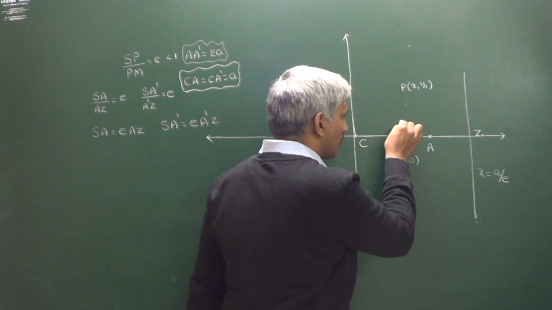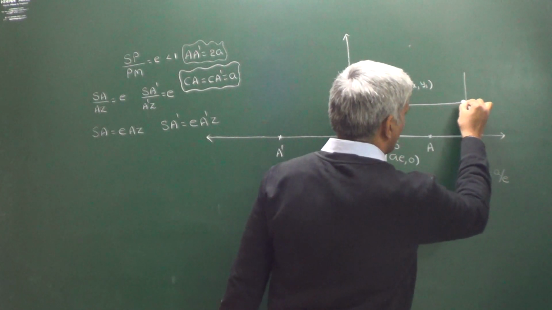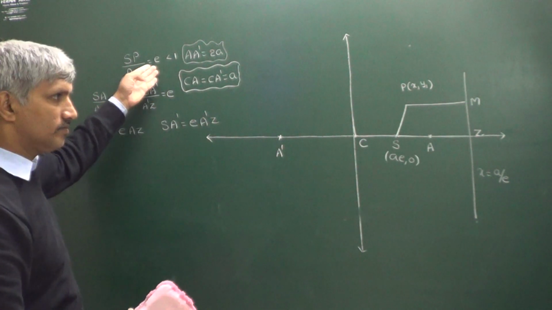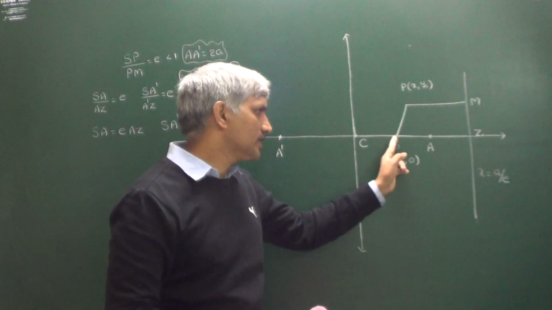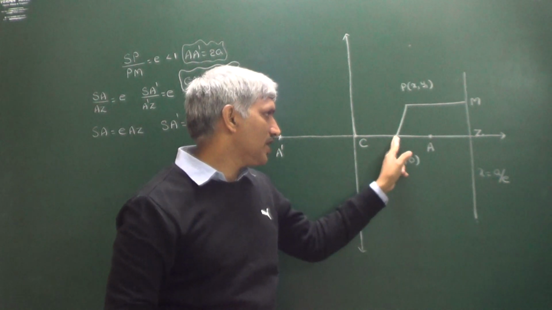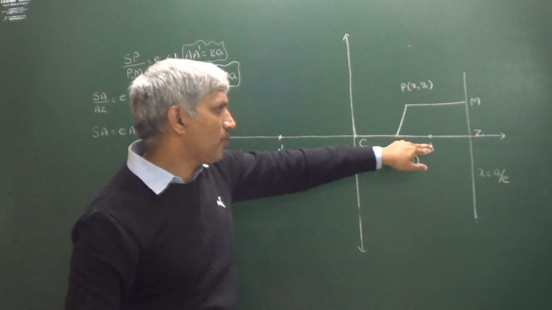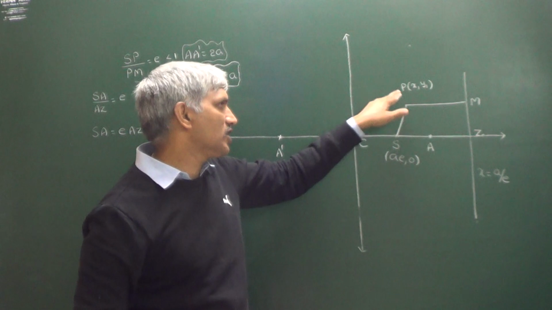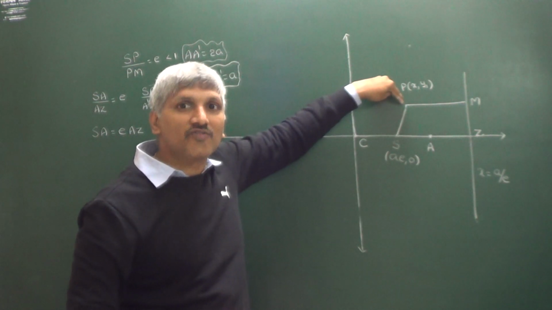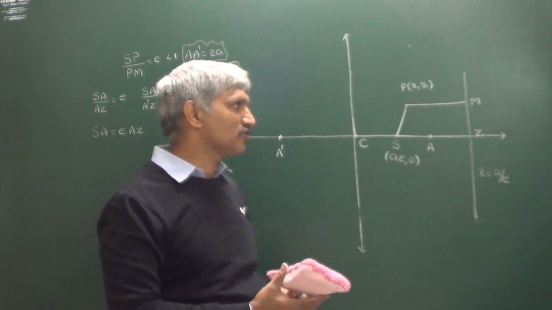That point is moving in such a way that, this is PM, P by PM is equal to E. The same is happening here, A by AZ is equal to E. That's why point A lies on the ellipse, point P lies on the ellipse, A dash also lies on the ellipse. This P point locus equation we are going to find out. Where this point P is moving, that we are going to find out.